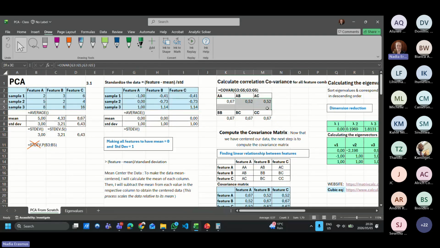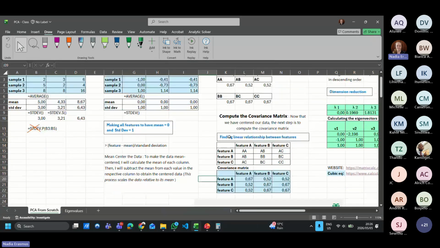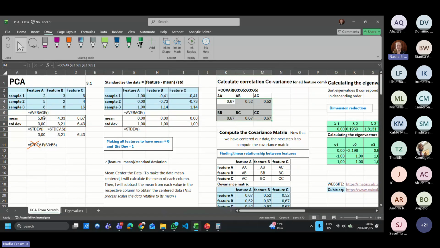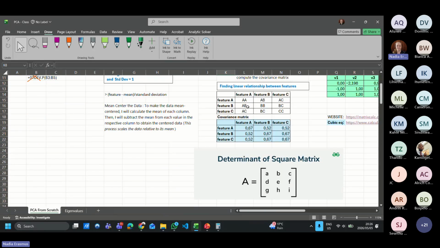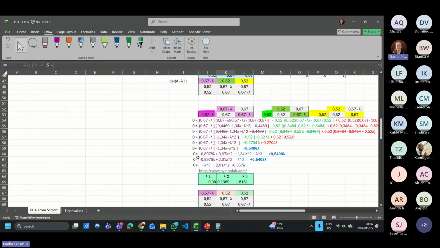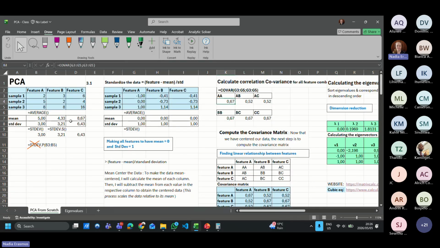Now, you will get this by getting the covariance of A. This might differ because, as you can see, the one that I shared with you guys had a completely different correlation because I had different values. So if the values change, everything changes. You can't just use exactly the same eigenvalues and vectors, but that's why it's important to follow these steps, and this will be correct if you have done it correctly.